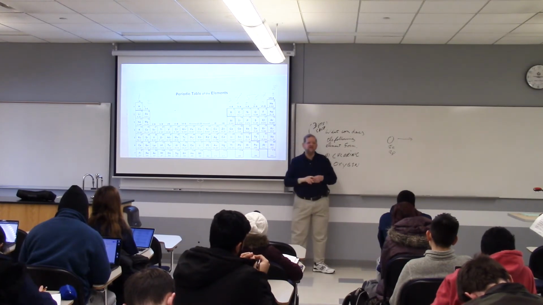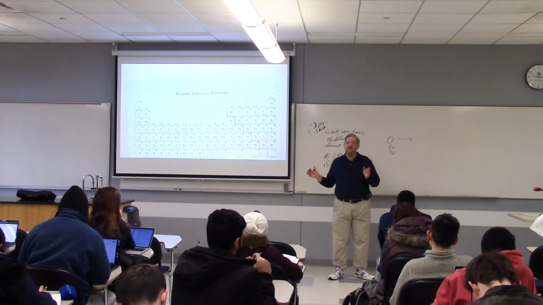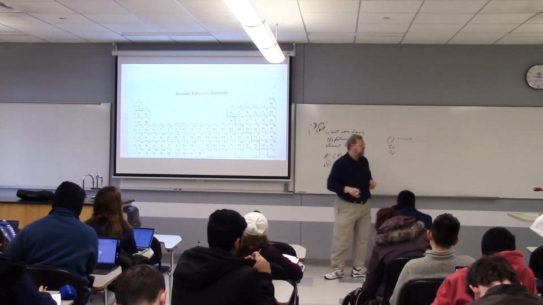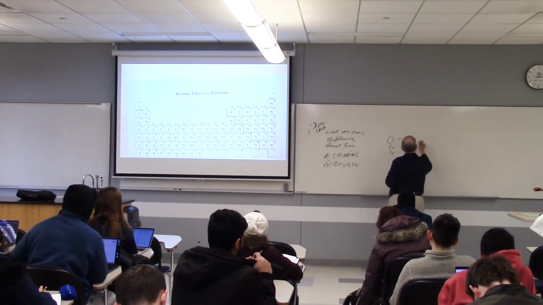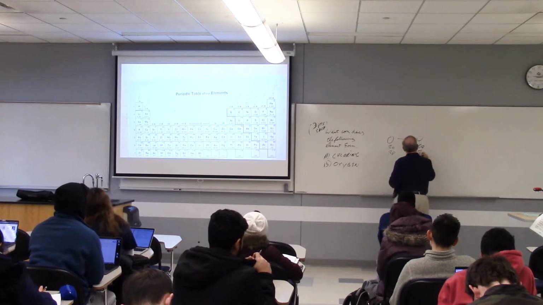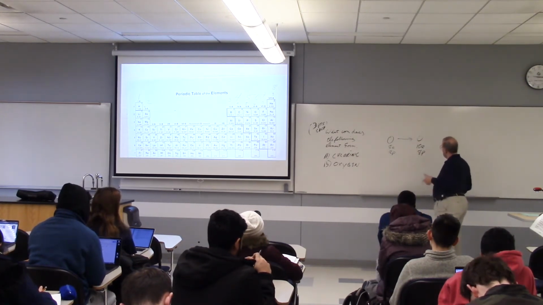What's the closest? Neon. Oxygen wants to have an octet, so it wants to have the same number of electrons as neon, which is 10. How do you know it's 10? Because that's what the atomic number tells us. Protons don't change, and therefore, what do? We do the math.